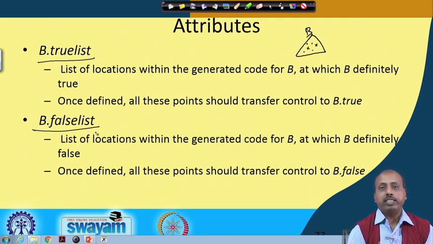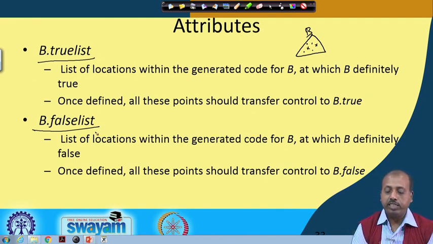So, at all those places we can replace the jump address that was left blank at that point. They can be filled up with this new address, which is b.true, or the address of S1 in the if-then-else statement.